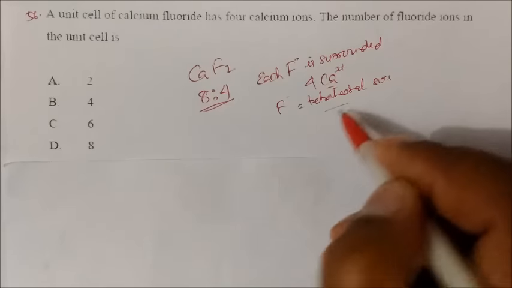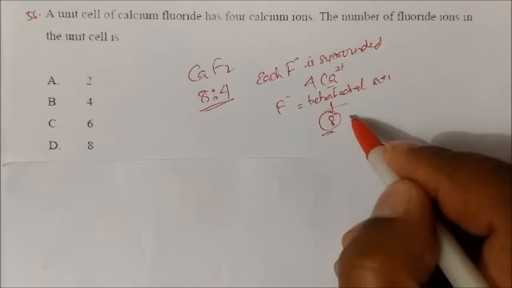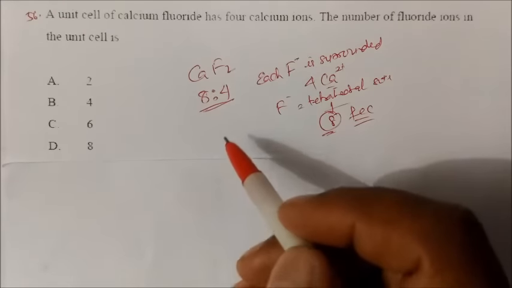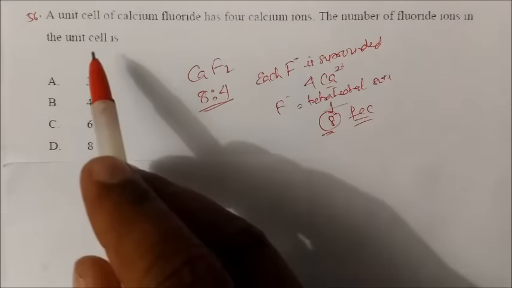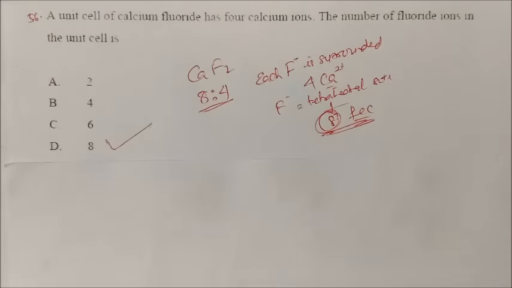How many tetrahedral sites are there? There are 8 present in an FCC, that is, the cubic unit cell. The question is the number of fluoride ions per unit cell, so the answer will be 8. This is our answer.